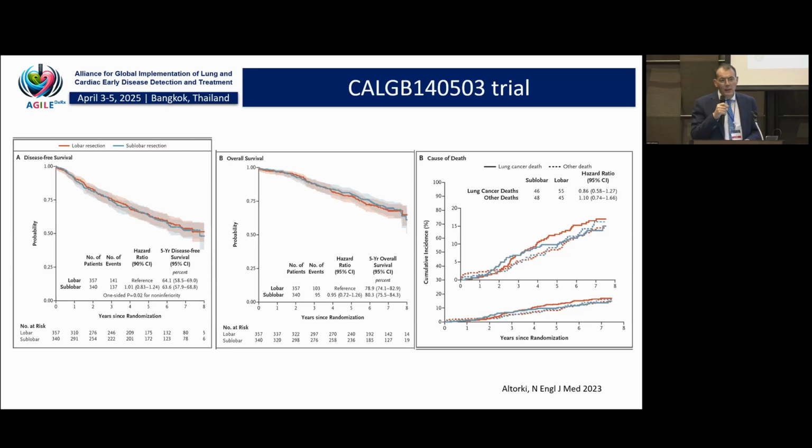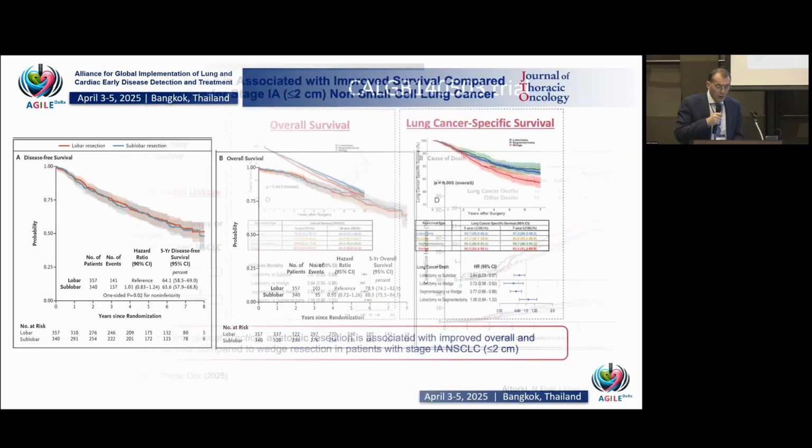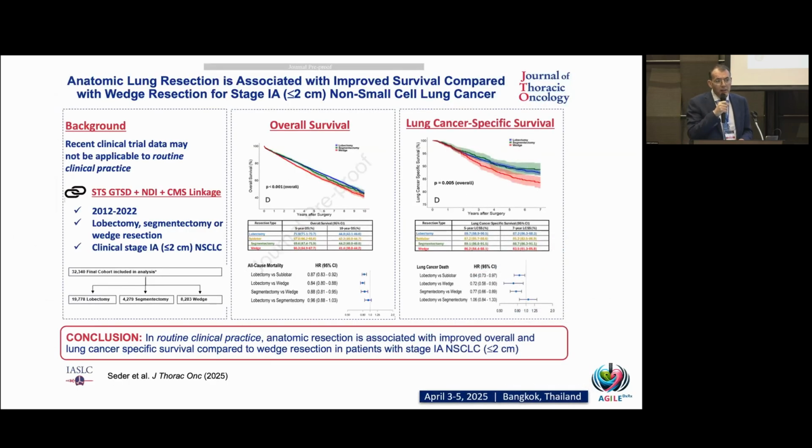Apparently, the results are equivalent for 2 centimeter peripheral tumors, but these results do not seem to be replicable in real life. You see, this is a very recent publication from registry data showing that in the right hand upper corner, the red line is the wedge resection.